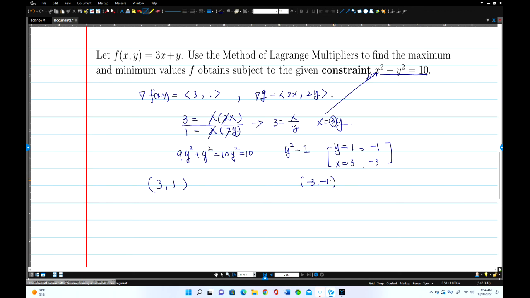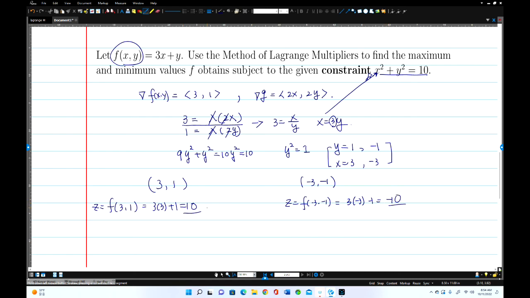Now let's find the value of f over here, the height. F of 3 and 1 equals how much? 3 times 3 plus 1 equals 10. The second point, f of negative 3 and negative 1. Put these numbers in: 3 times negative 3 minus 1 equals negative 10.